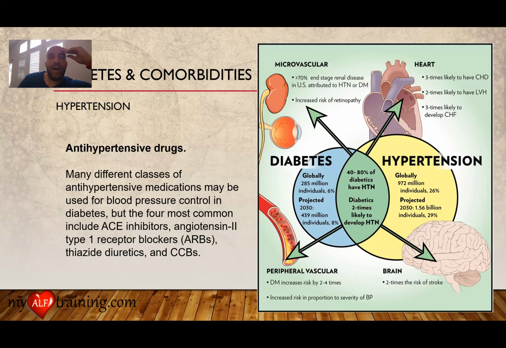Now, of that 25%, anywhere from 12 to 20 of those patients can have diabetes and hypertension, as diabetics are 2 times more likely to develop hypertension, which increases the risk of stroke by 2 times, and it increases the risk of coronary heart disease by 3 times.